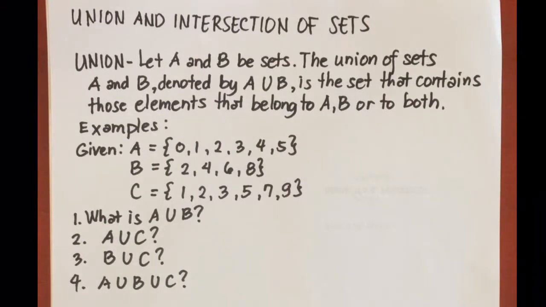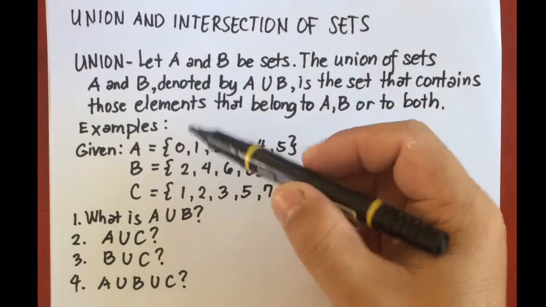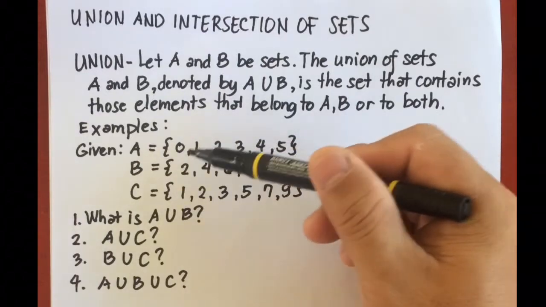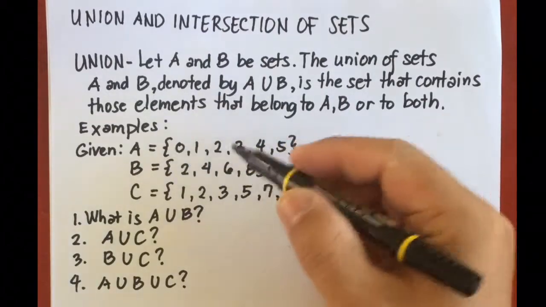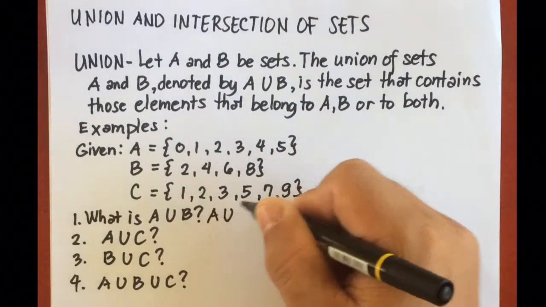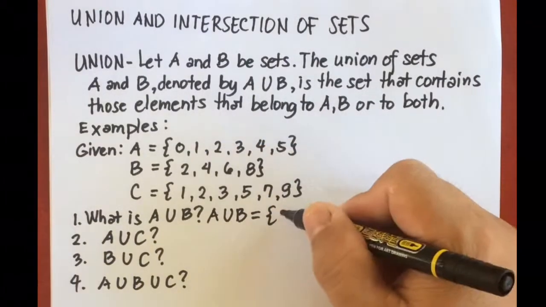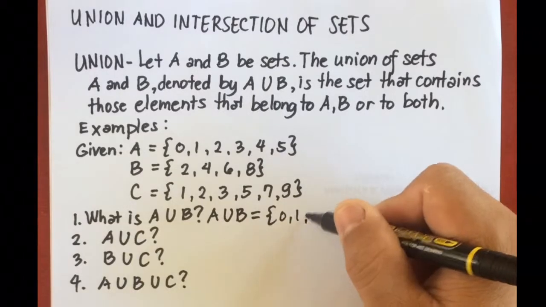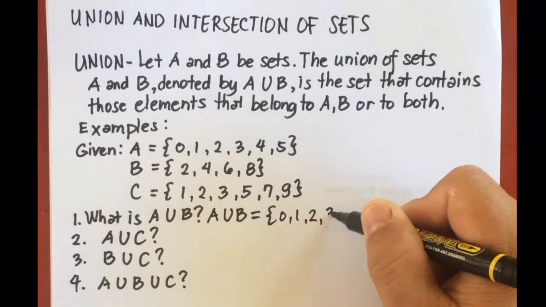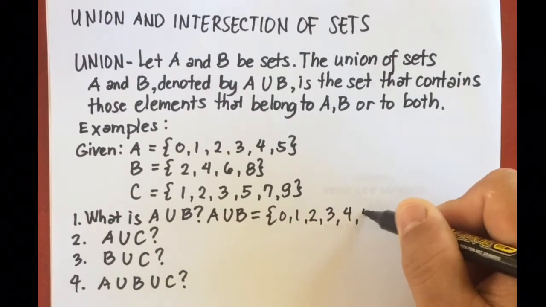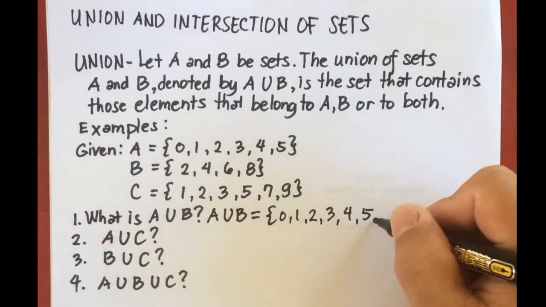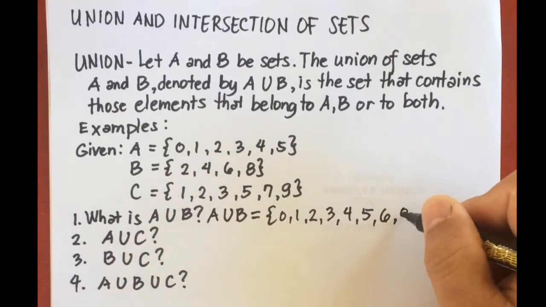So for the answer, A union B, you're going to combine all the elements found in those sets A and B. So we're going to have A union B be equal to the set containing 0, 1, 2, 3, 4, 5, then 6, and 8.